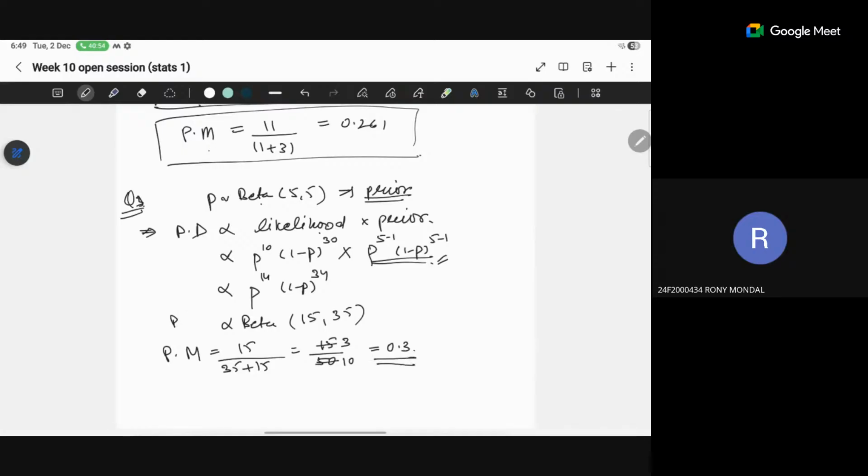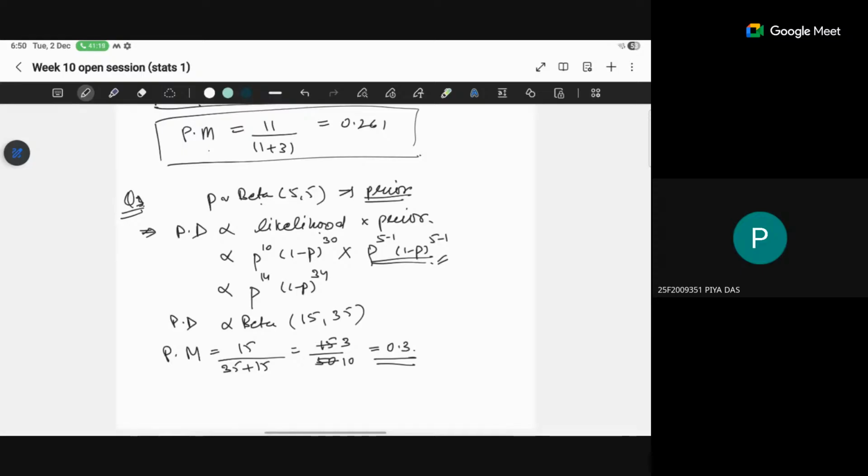So we have got the posterior distribution, we have got the posterior mean. Is this question clear? Yes, ma'am. Now if I give you a question, can you guys do it? Okay, then solve.